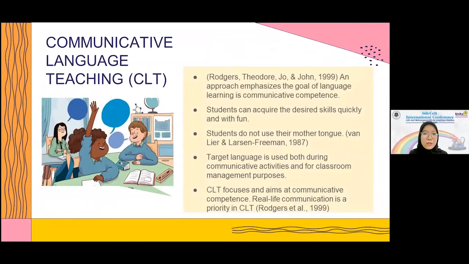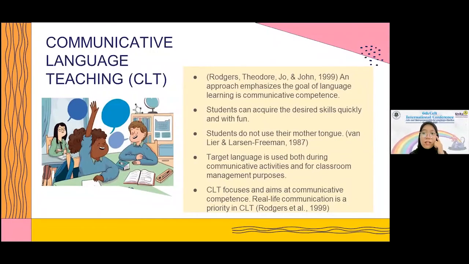That's a foreign language teaching method with the goal of language learning being communicative competence. And then a student can acquire the desired skill quickly and with fun. So it can reduce the stress of the foreign language learner.